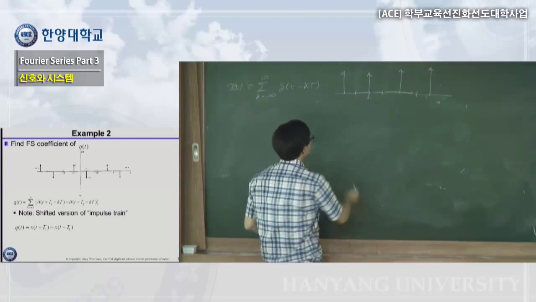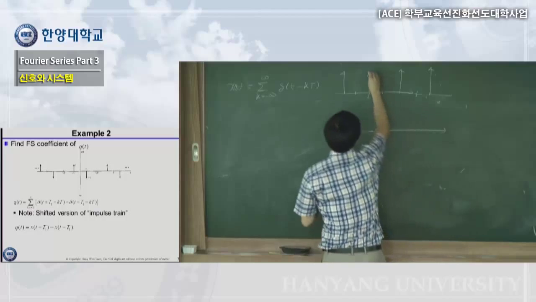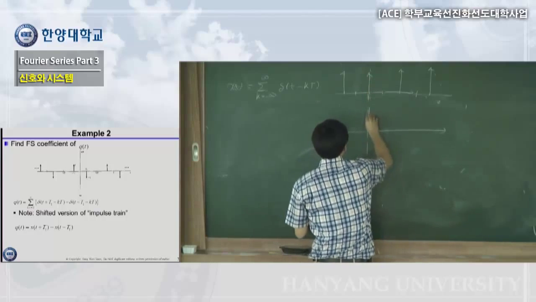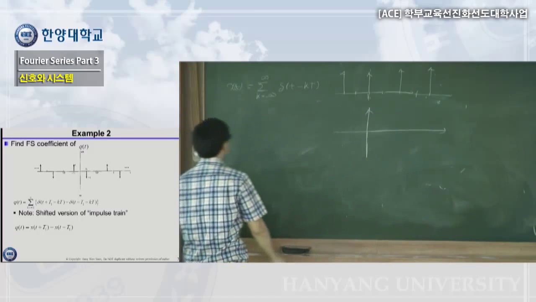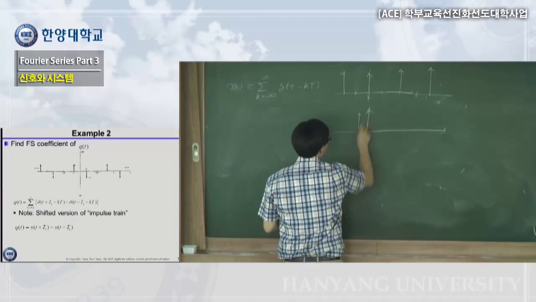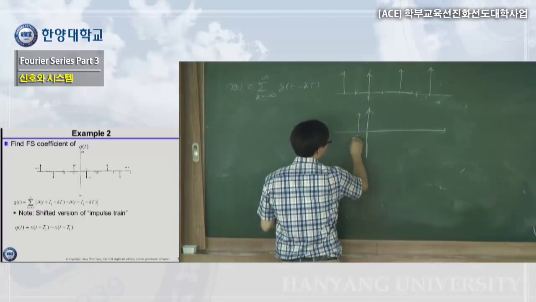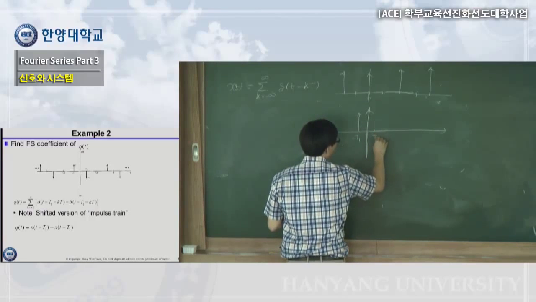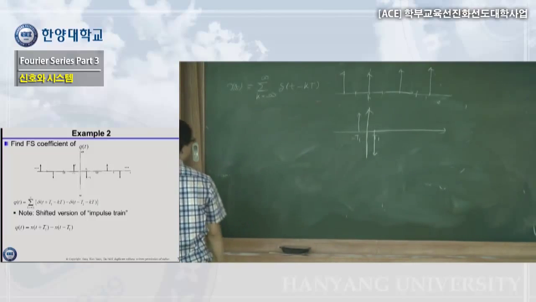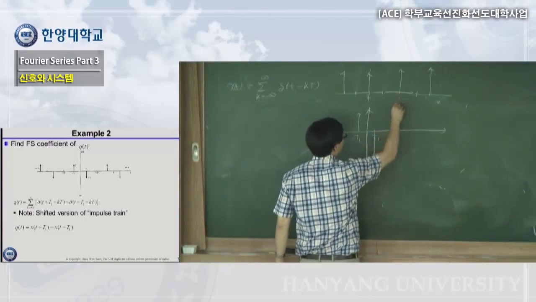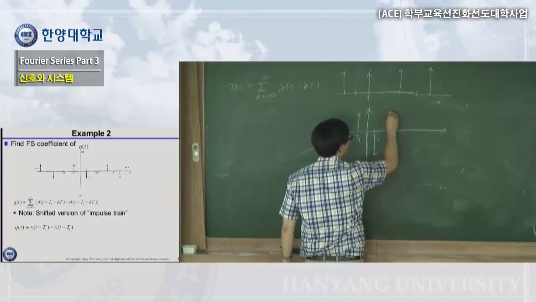Now the question here is, okay, here was 0. We have here T1, not the period, minus T1, going down. This is repeating at every T.